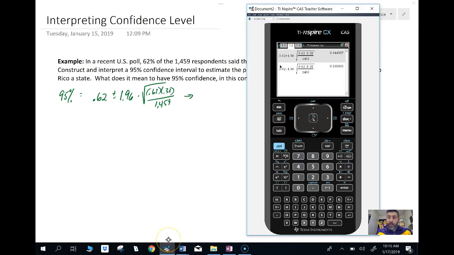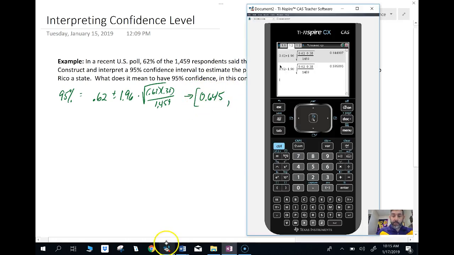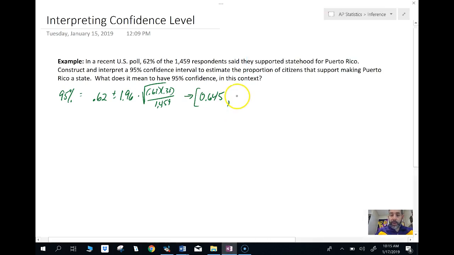So I created the interval and I got 0.595 to 0.645.